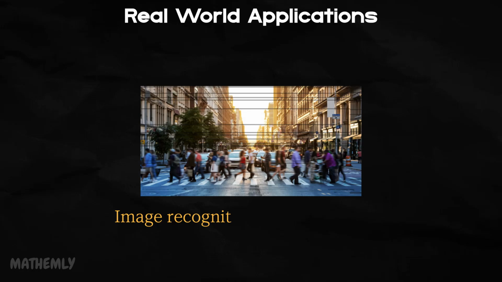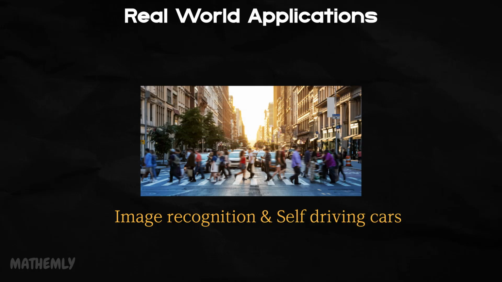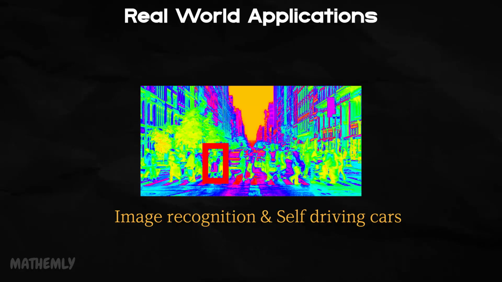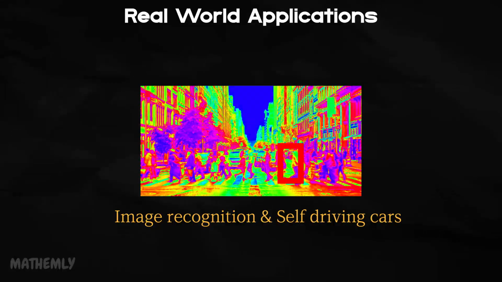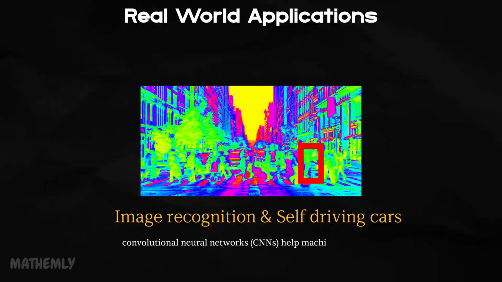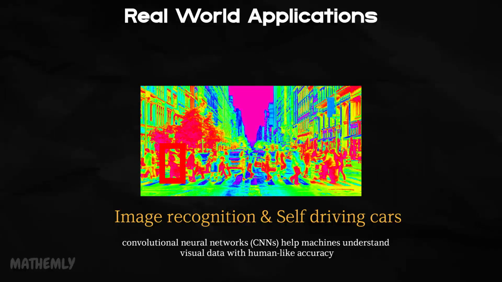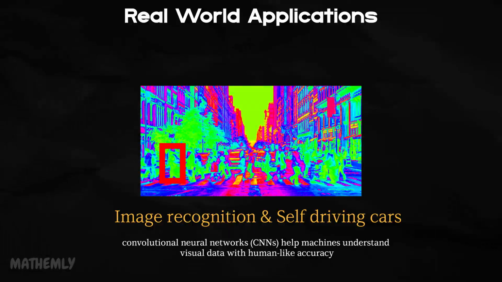Now, let's explore some real-world applications of neural networks. Image recognition and self-driving cars. Neural networks are at the heart of computer vision systems, whether it's recognizing objects in photos or detecting pedestrians in self-driving cars. Convolutional neural networks, or CNNs, help machines understand visual data with human-like accuracy.